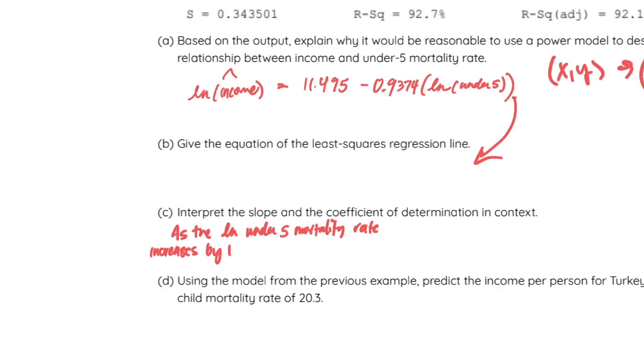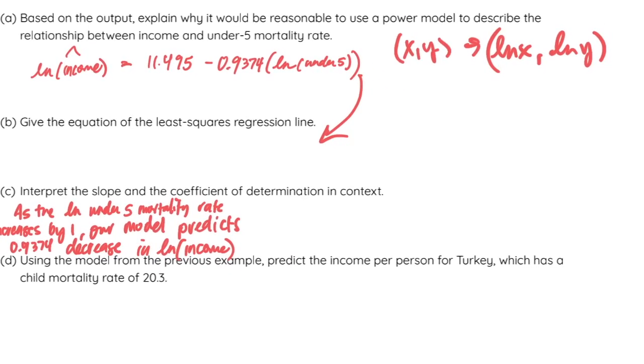Hold on, I need to say we predict, our model predicts a 0.9374 decrease in natural log of income.